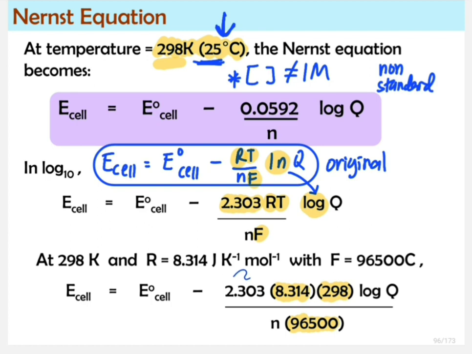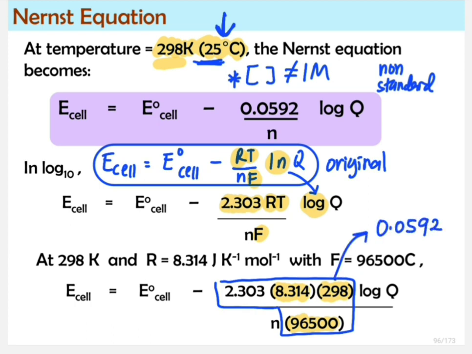Okay, jadi kalau you ada calculator sekarang, cuba you tekan this value semua ni. 2.303 times with 8.314 darab 298 bahagi 96,500. Awak akan dapat berapa? This whole thing will give us value 0.0592. Itulah yang kita dapat formula ini.